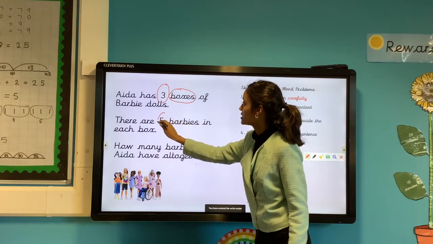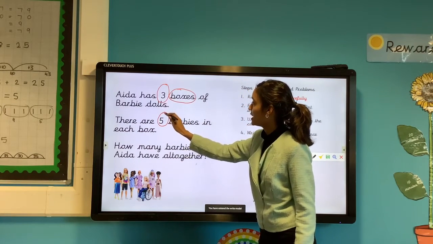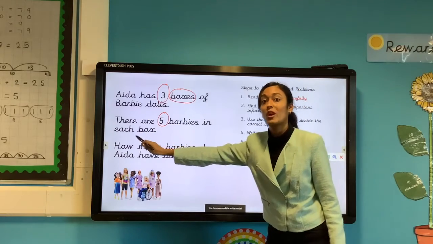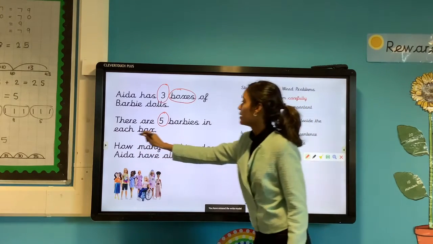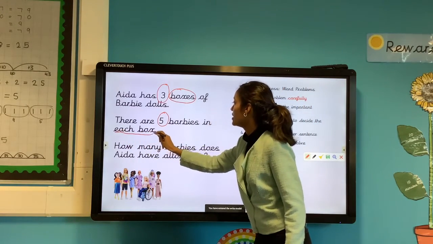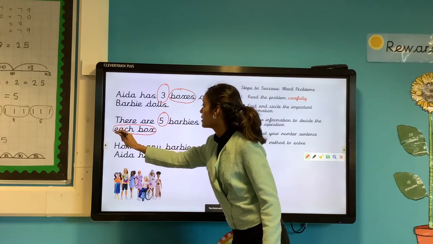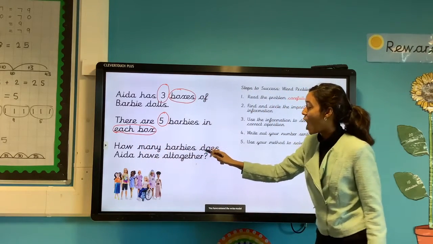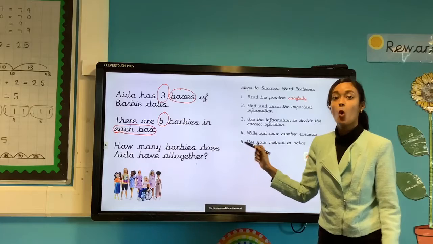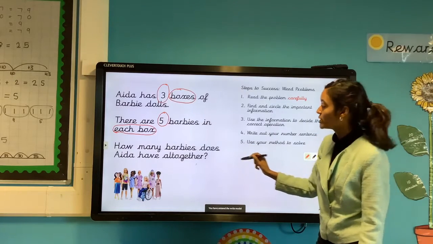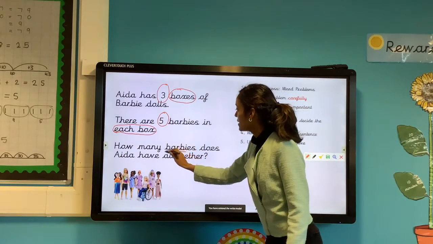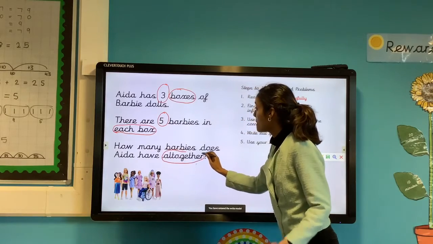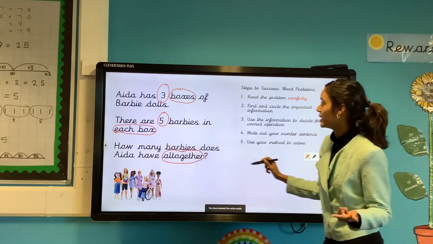So we're going to circle 5 as a key number, and again we've got each box. So I'm going to circle this as well to help me highlight. Okay, and then we've got how many Barbies does Ida have altogether? So again, altogether is that key word that will help us decide whether we're multiplying or dividing.